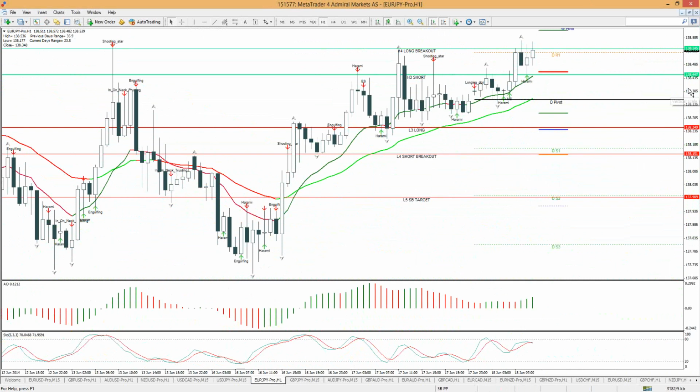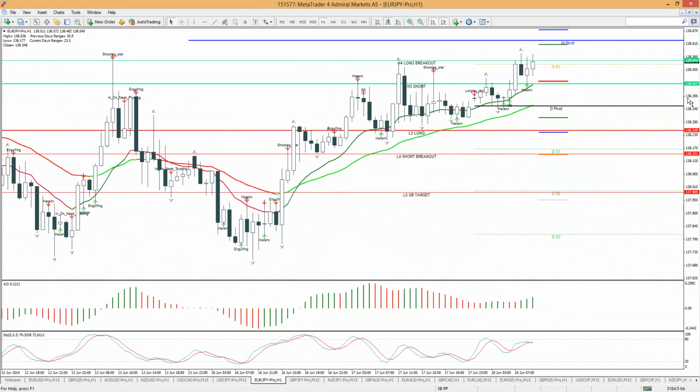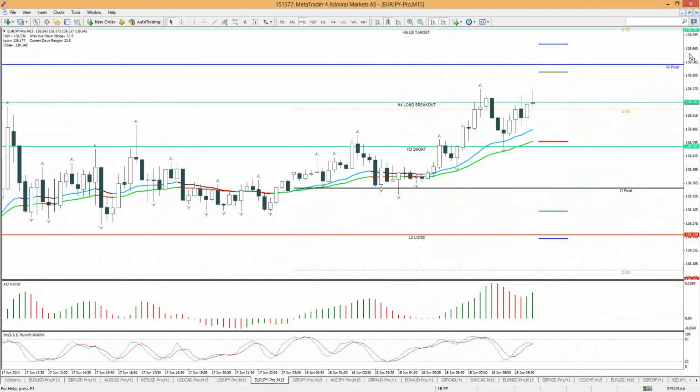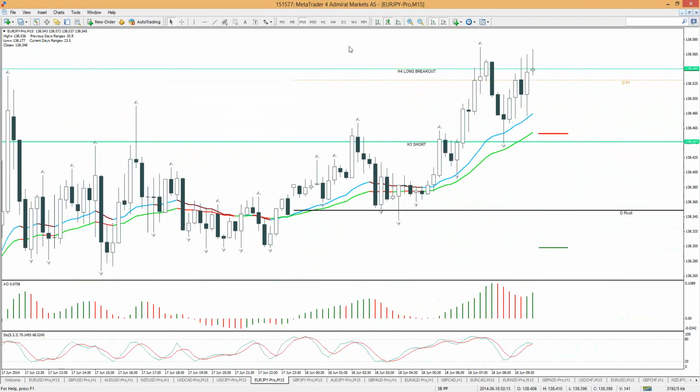Well, I like this euro yen because of the bullish moving averages. What I don't like is the weekly pivot point at close. So obviously that makes it a bit difficult. When I talk about the dollar yen, here's an example actually.